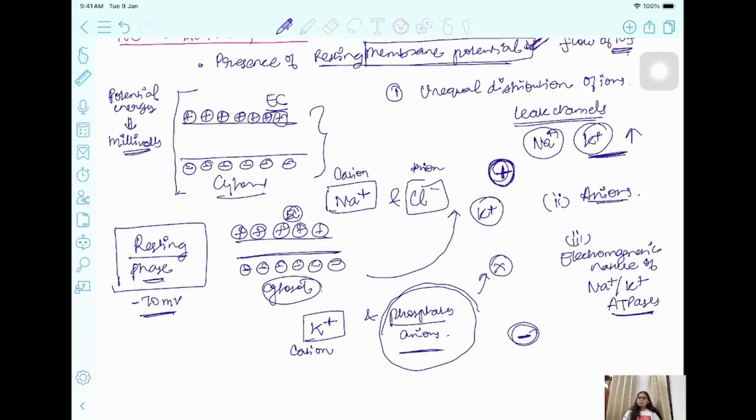Now, these are sodium potassium pumps which pump out 3 sodium out of the cytosol and bring in 2 potassium inside the cytosol so that the membrane potential is stabilized. But again, the number for sodium is more. Therefore, the resting membrane potential is maintained to be more negative towards the inside and more positive towards the outside.